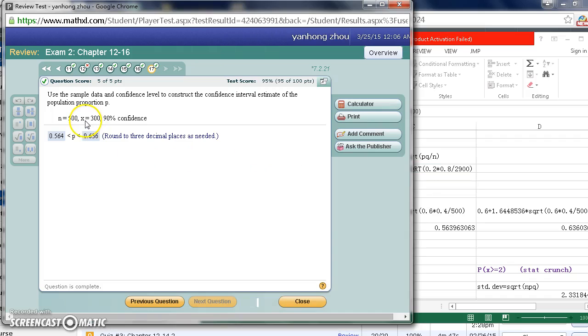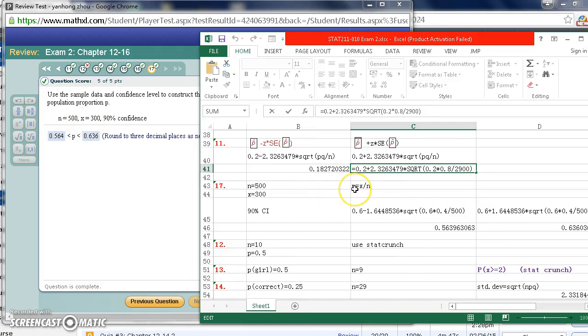They tell you the x and n. Normally x is the number of successes. So you can use x and n to calculate the p hat. Here I show you p hat is equal to x over n.